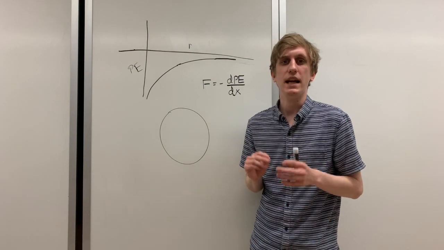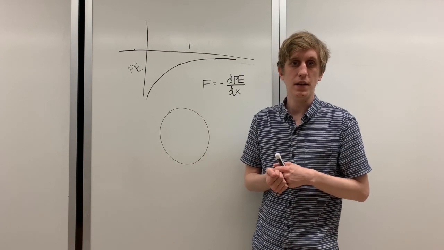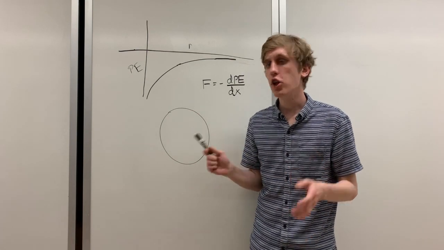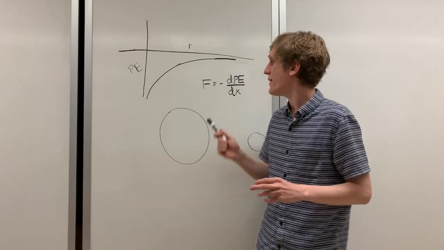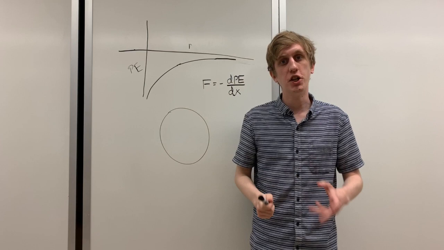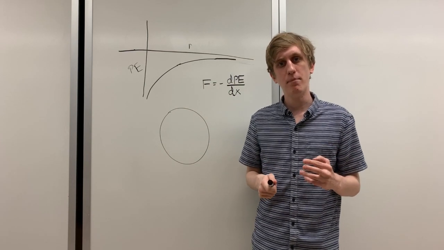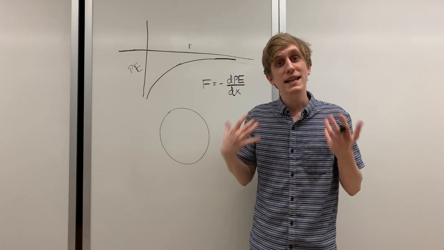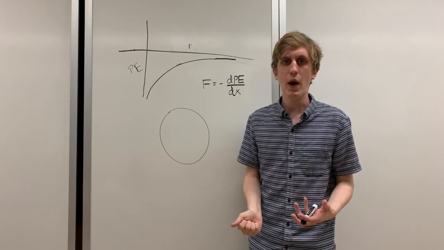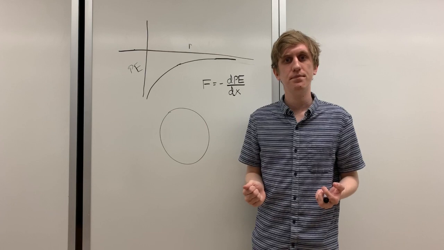Let's think briefly about what this means for the system. As we said, the slope of the graph everywhere is positive, meaning if we take the derivative of this function, we're going to get a positive number. But if we then add a negative sign, this number becomes negative, meaning the force is attractive as we expected.